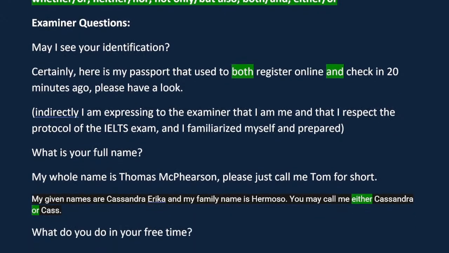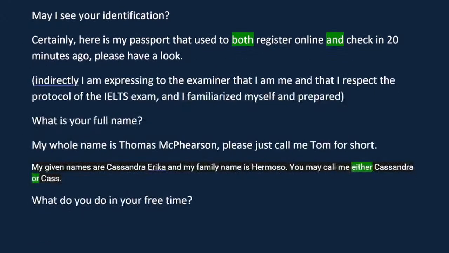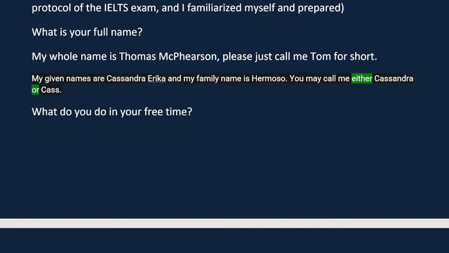Okay, sir. All right. So welcome to the speaking section of the IELTS exam. My name is Adrian. I will be your examiner for this part of the test. For part one, I will ask you a couple of questions to get to know you better and some questions on a general topic. May I see your identification?